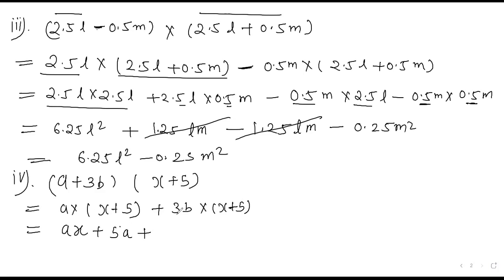And now 3b is multiplied with x, that is 3bx, and 3b is multiplied with 5 gives you 15b. So first write down the x terms, then the constant terms. ax plus 3bx plus 5a plus 15b.